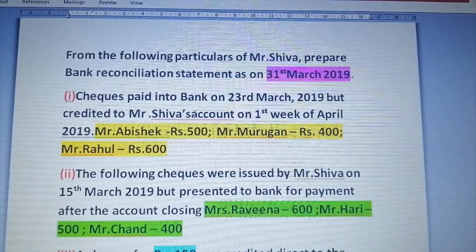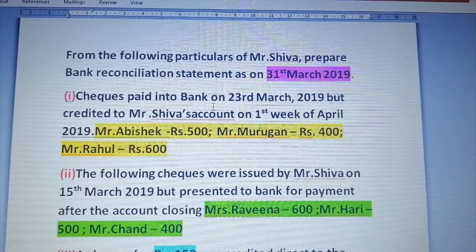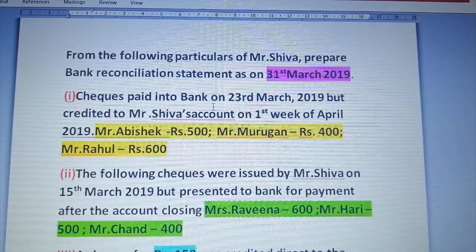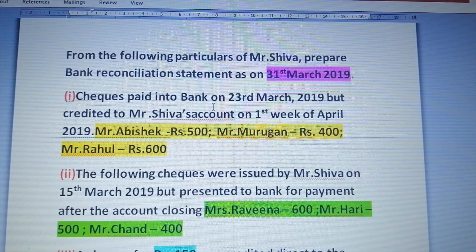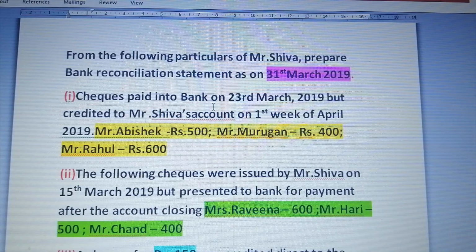Checks paid into bank means the check is deposited into bank. When a customer deposits a check into bank, what will happen? Immediately he makes an entry in his cash book. So, his cash book balance will be increased when he deposits a check into bank. Clear?